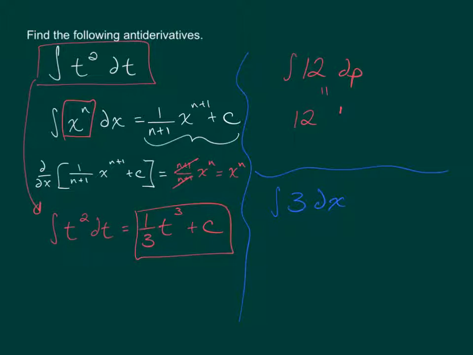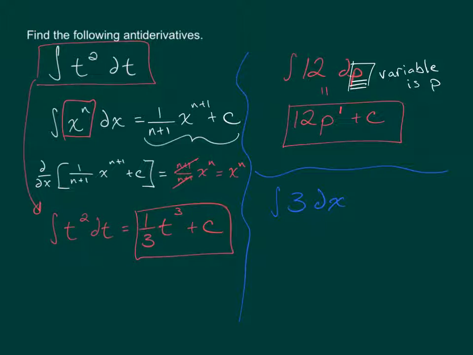But what variable are you supposed to use here? It turns out, if you look at the differential that is lumped in with the antiderivative, we need to use the variable p. So our answer here will be 12p to the first power plus c.